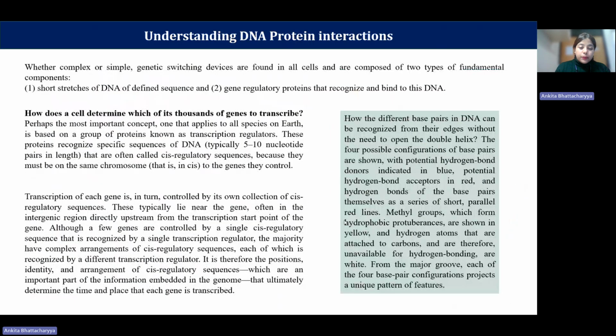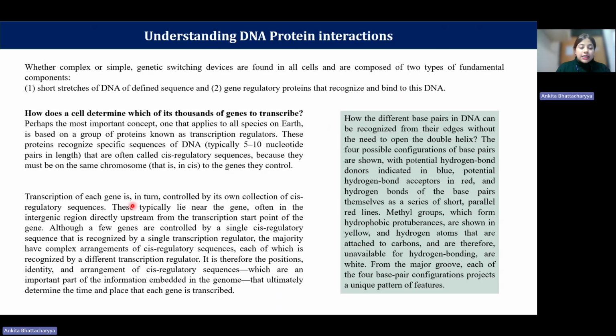Now, like I already mentioned, whether complex or simple, a major function of these DNA protein interactions is to work as genetic switches. They're able to control the expression of a gene and the relevance of a gene within the cell at any particular point of time. So proteins are able to recognize these sequences and carry out the transcription of these genes.